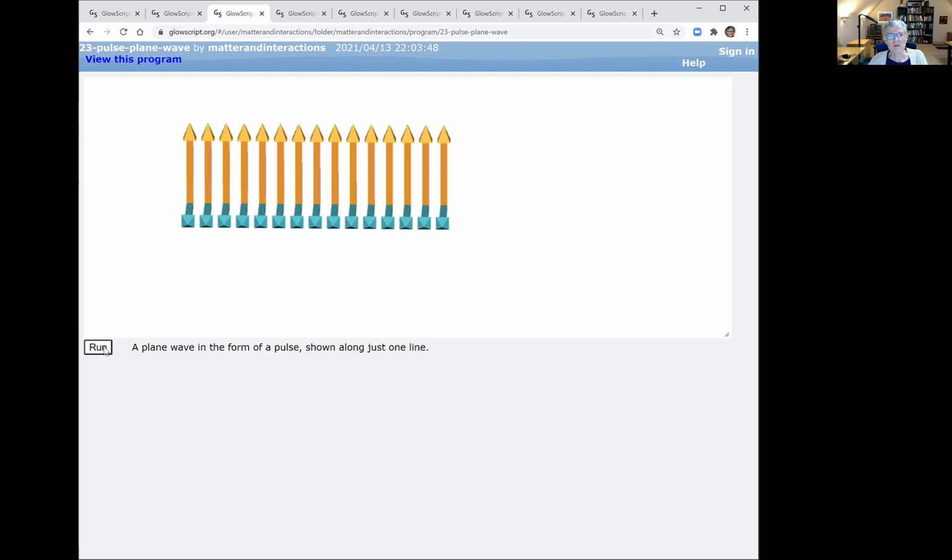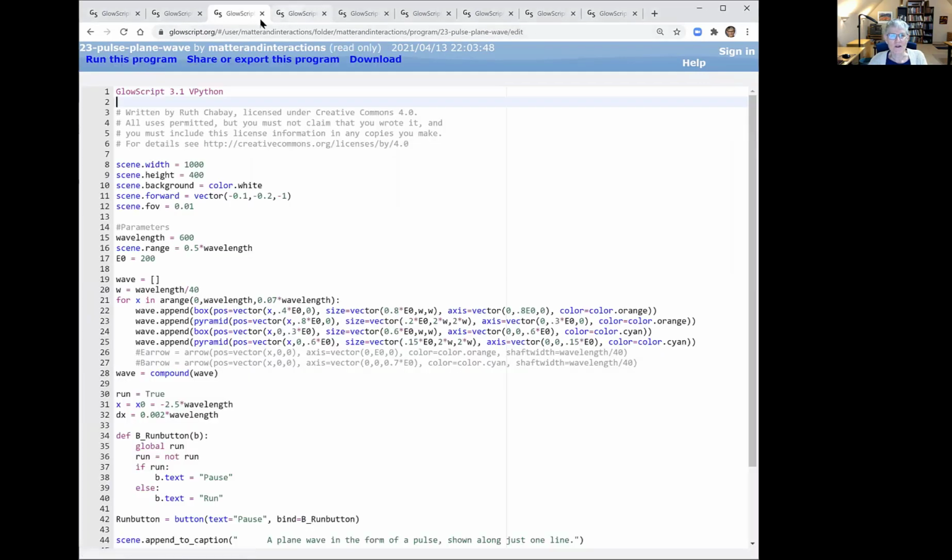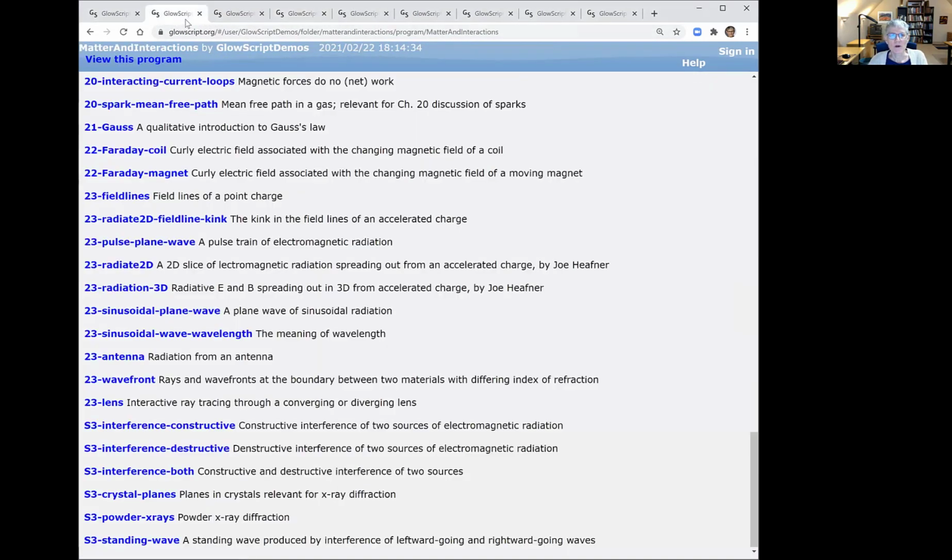So what we haven't talked about is what happens when a charge is accelerated. And in order to talk about that, we need a representation that we haven't really used because it is really not very useful for most things. But it's useful to us now.